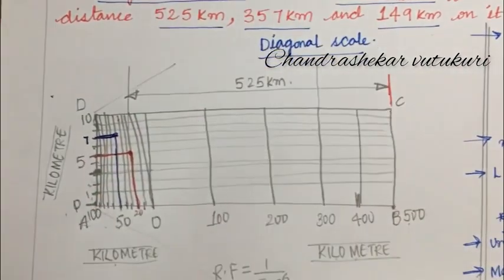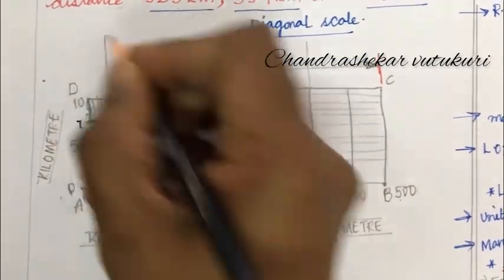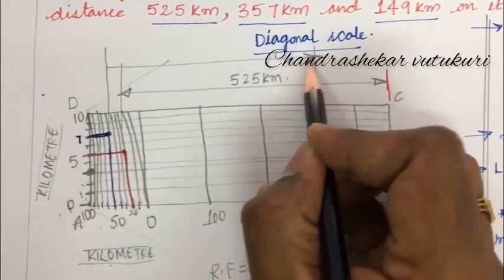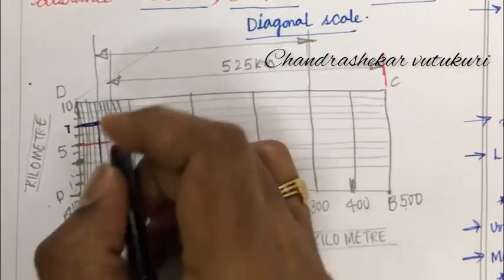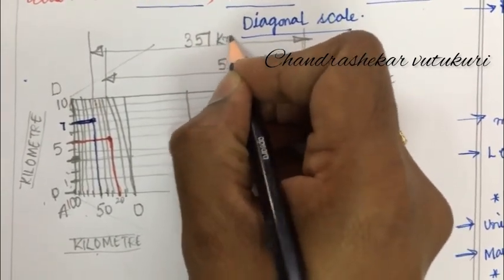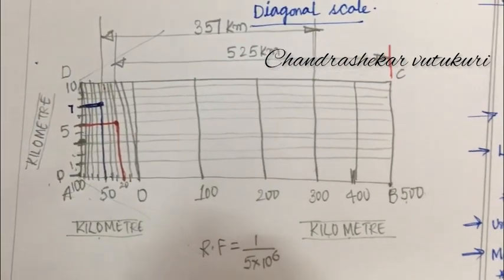So, this point will give you the 57. So, draw a perpendicular line, a straight line from this and even from this 3, and draw a dimension line and work out 357. And do not forget to write kilometer. This is how you are supposed to work out when a scale problem is given.